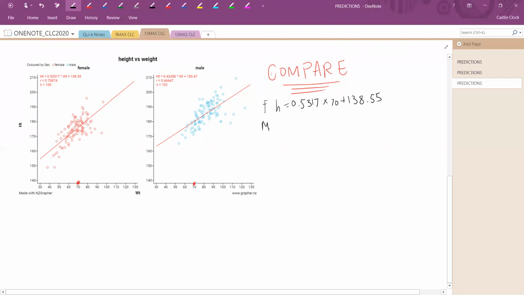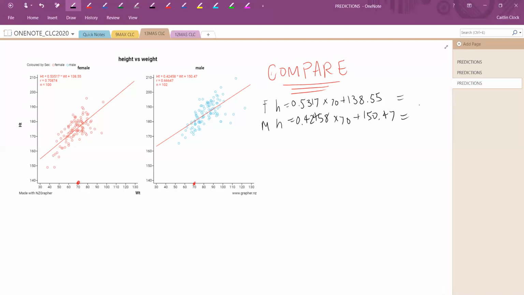And for the males, we have height equals 0.42458 times 70 plus 150.47. So I'll just quickly do those and grab those predictions.